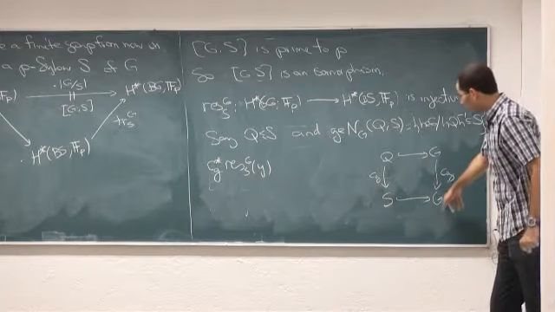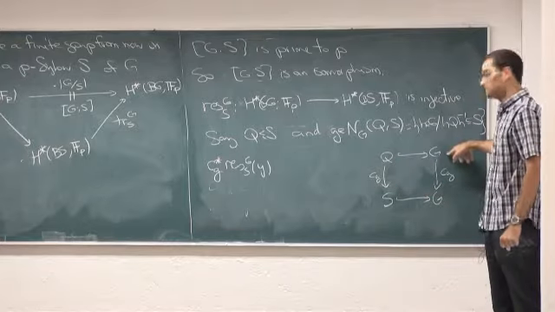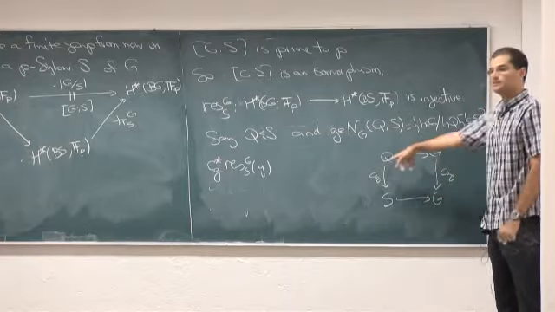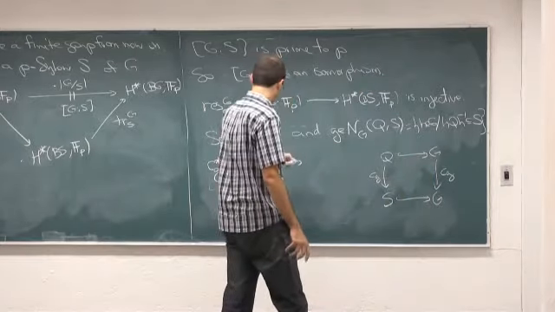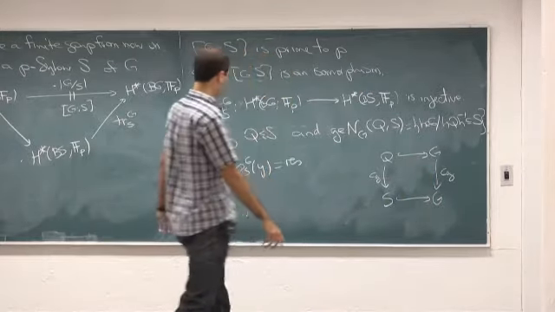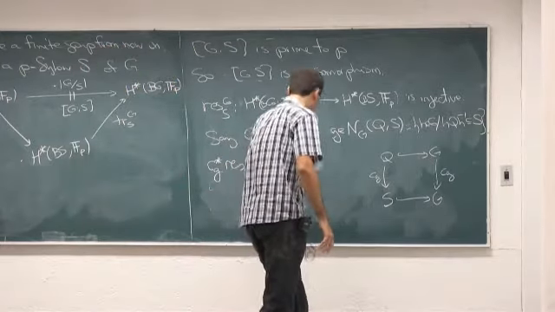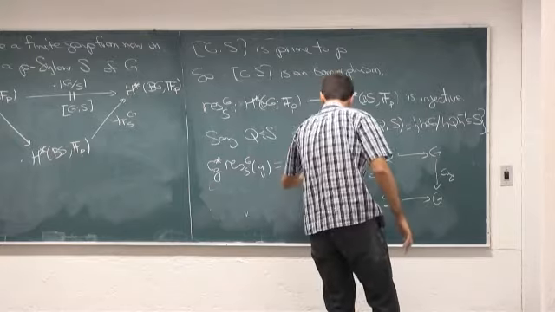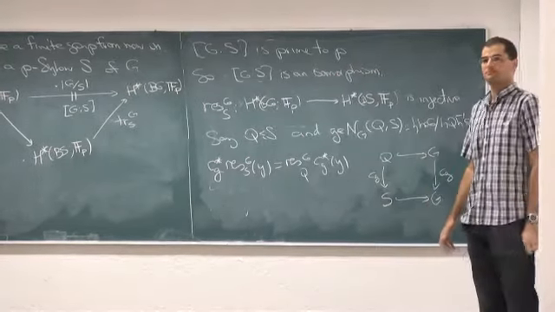So now, doing restriction first and then c_g is the same thing as doing first c_g, but this other c_g, and then this restriction. So this is restriction from G to Q, c_g star of y. Okay, you agree with that?